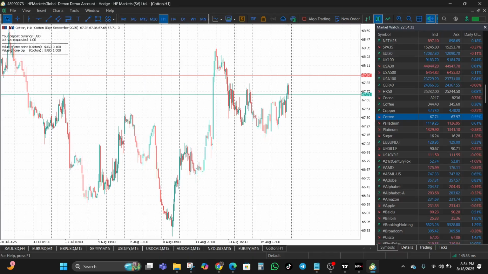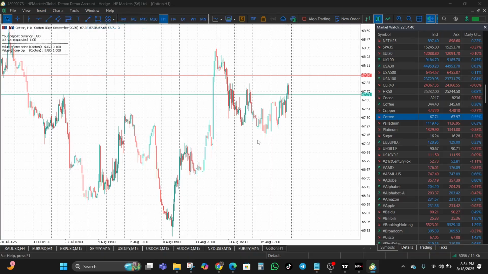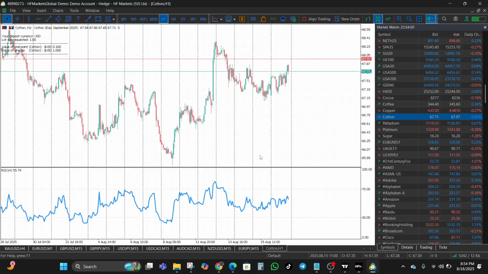Technical analysis is where MT4 and MT5 shine. You can add indicators like moving averages, RSI, or Bollinger Bands to your commodity charts. If you want to do that, you can just go to insert, go to indicators, and select the particular indicator that you want to add.